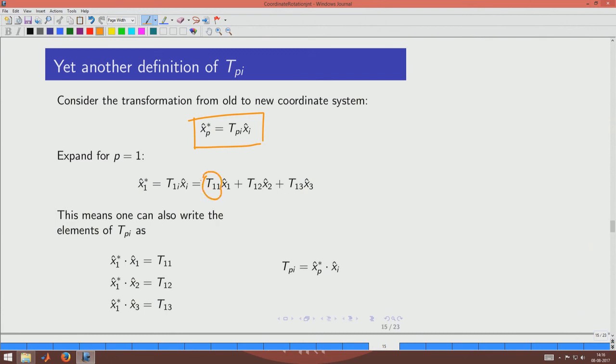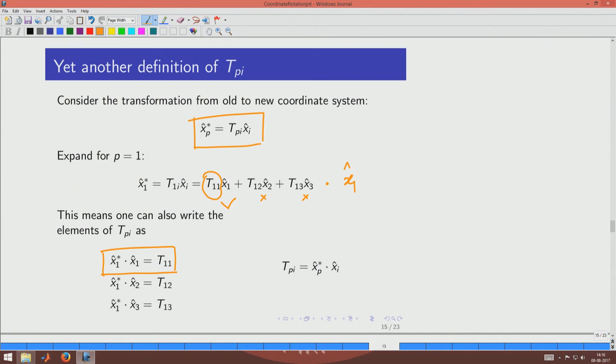From the orthogonality property of the coordinate system, if we were to dot this with something that will leave behind only this term and not these two terms, which means that if I were to dot that with x1, then the first term will remain, the second, because it is x2 dot x1, will drop off, and the third one, x3 dot x1, will drop off. So, I could then imagine that T11 is nothing but a dot product of x1 star and x1, similarly the other terms.